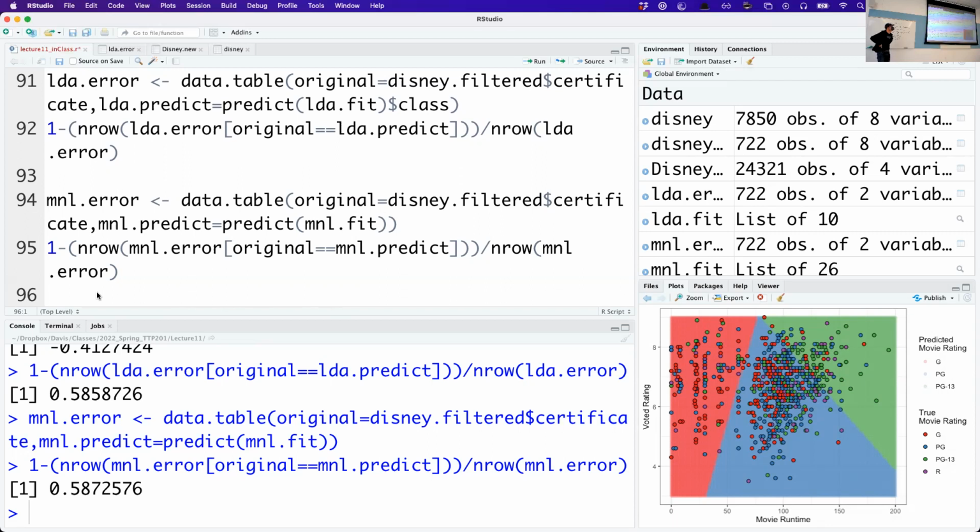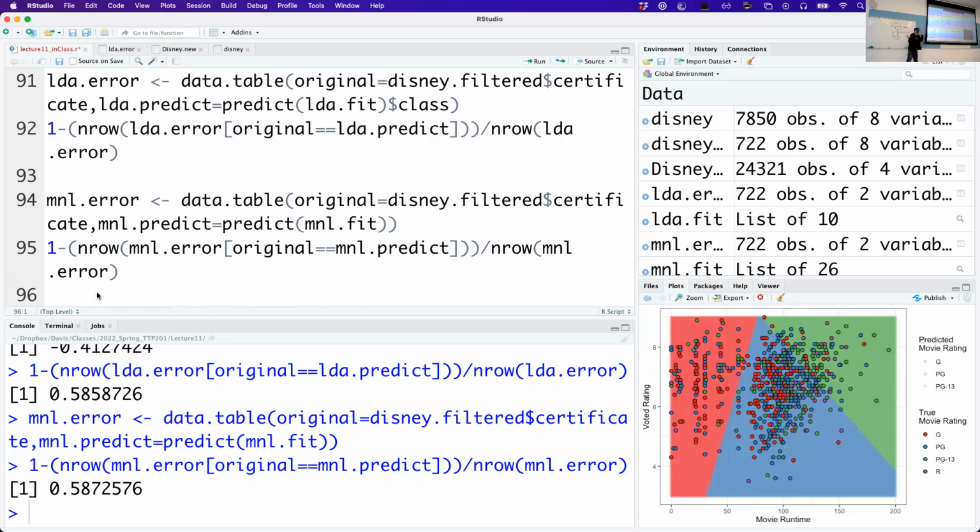Yeah, exactly. So, okay, kind of. Let's suppose that you had an equal number of G, PG, R, and PG-13. Then your error rate, if you were just to totally guess randomly, would be 75%. And so these models improve your ability to do prediction by 15, 16%-ish.